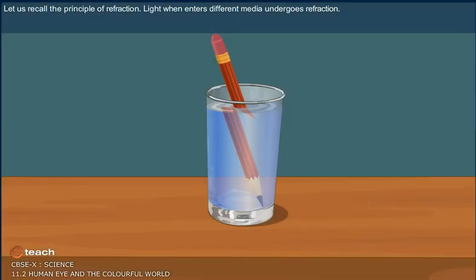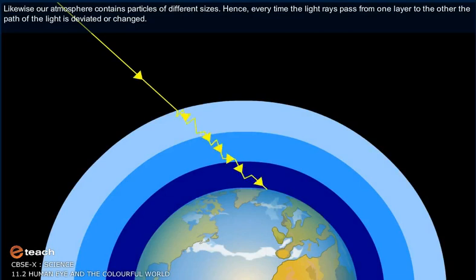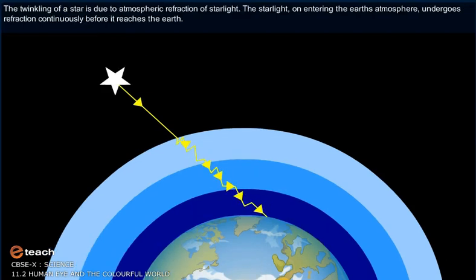Let us recall the principle of refraction. Light, when it enters different media, undergoes refraction. Likewise, our atmosphere contains particles of different sizes. Hence, every time the light rays pass from one layer to the other, the path of the light is deviated or changed. The twinkling of a star is due to atmospheric refraction of starlight.